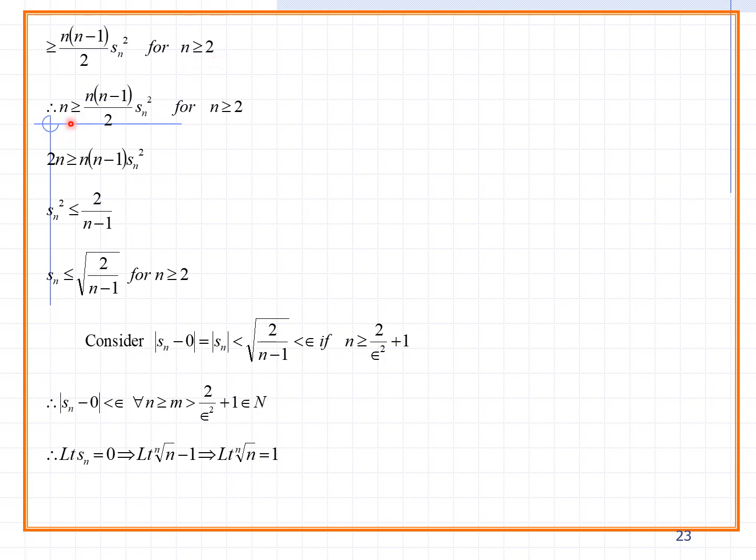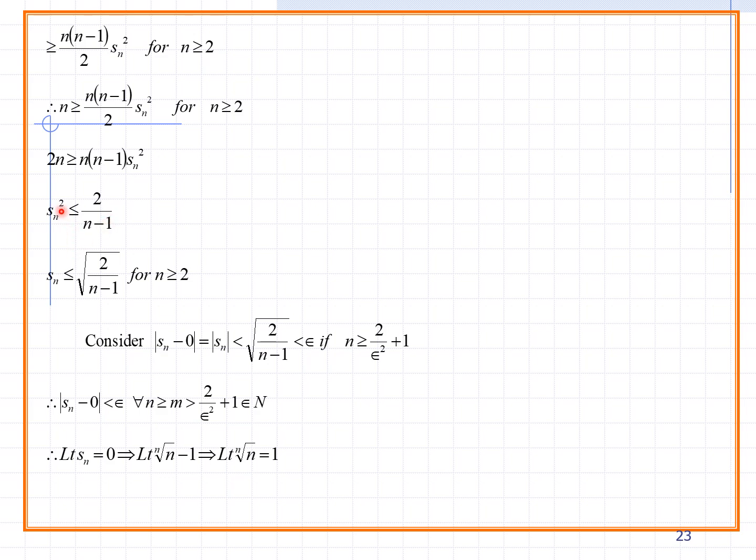This gives 2n greater than or equal to n into n minus 1 Sn square, so Sn square is less than or equal to 2 by n minus 1.